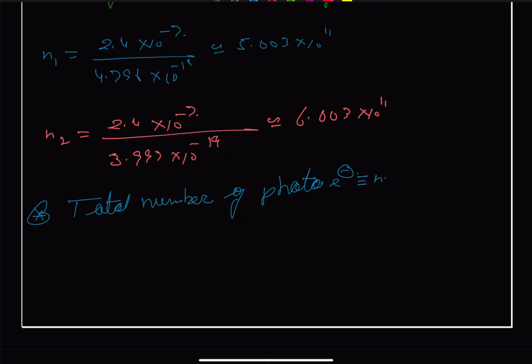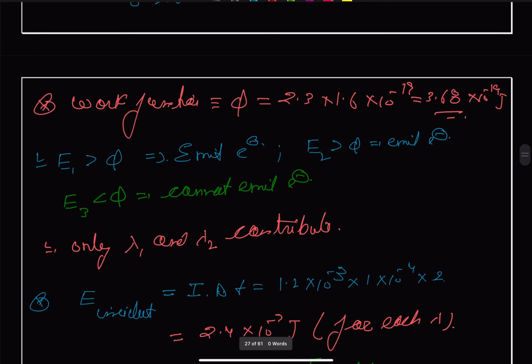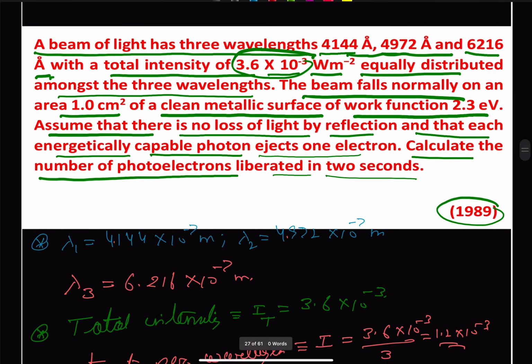That is, N will be equal to N1 plus N2, and we just substitute the values. We get this as 5.003 plus 6.003 multiplied by 10 to the power 11. So this gives us 1.10 into 10 to the power 12.